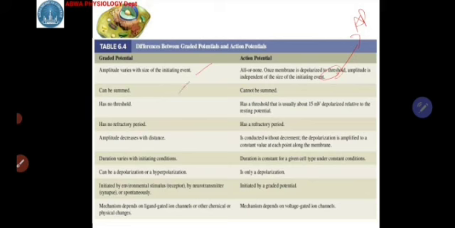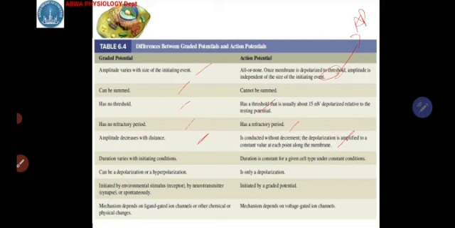Graded potentials can be summed, two or three added, but action potentials cannot. Graded potentials have no threshold; action potentials have a specific threshold. Graded potentials have no refractory period; action potentials have a refractory period. The amplitude of graded potentials decreases with distance; there is no effect of distance on the amplitude of action potentials. Once an action potential is generated, it goes all along the nerve.